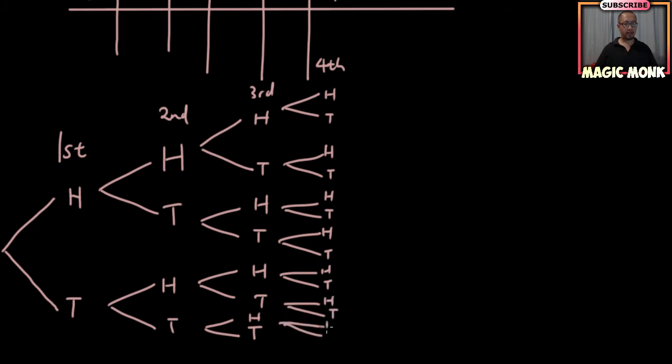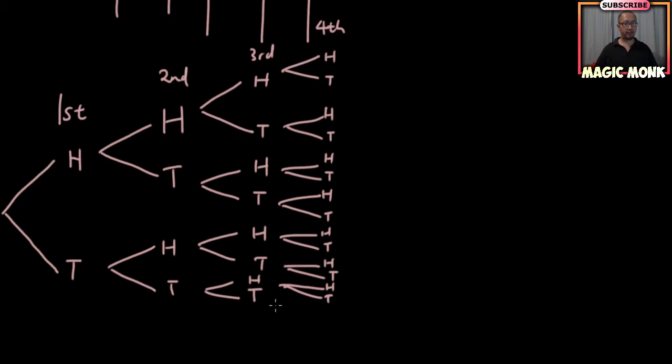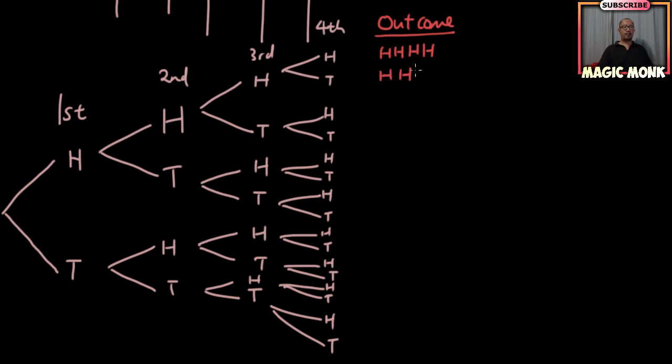It's sort of hard to write out all this because there's not enough space. But so you have 4 heads in a row, so this is your outcome. So you got 4 heads: head, head, head, head, head, head, head, tail, head, head, tail, head, head, head, tail, tail.